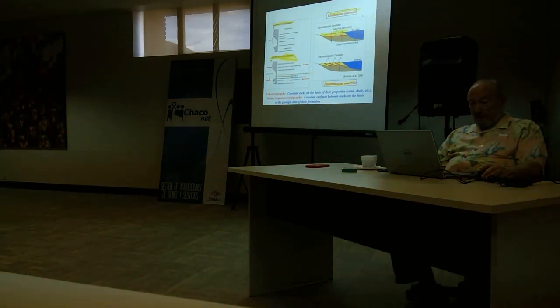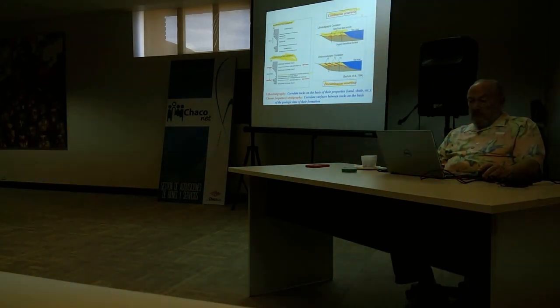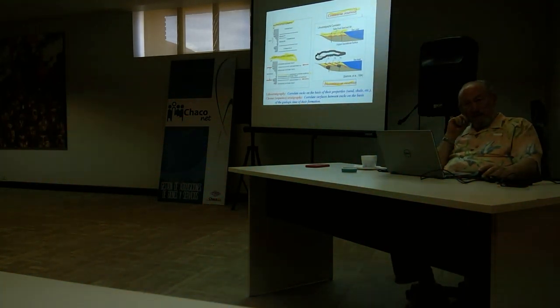But if you find that your fossils, for example, are older here and younger here, then this is the proper interpretation. And that's why it becomes important to do the biostratigraphy.